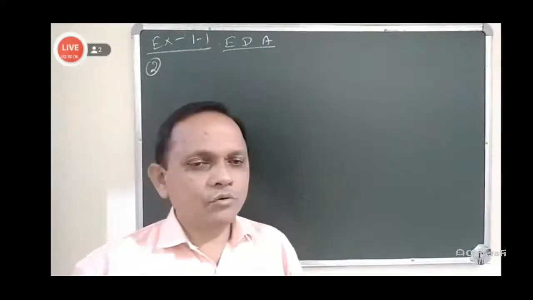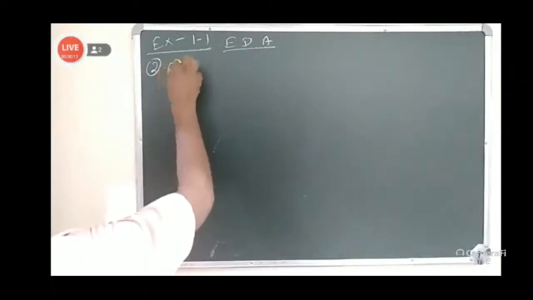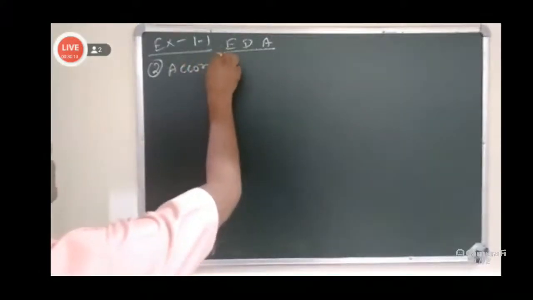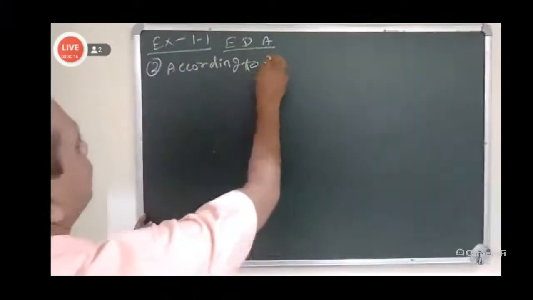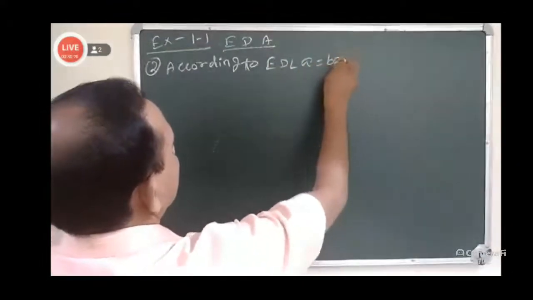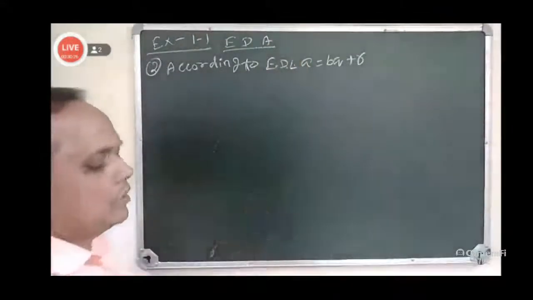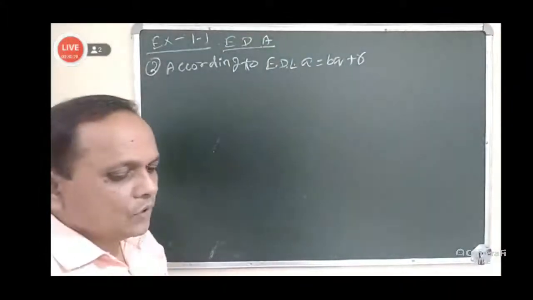Suppose according to Euclid division lemma, a equals bq plus r. We know that a equals bq plus r.